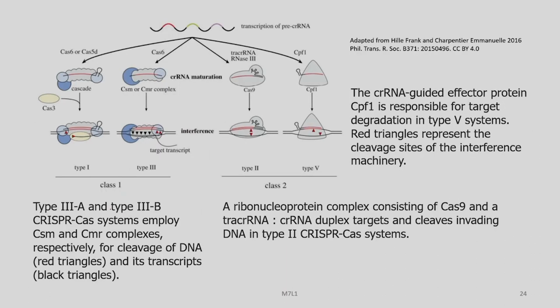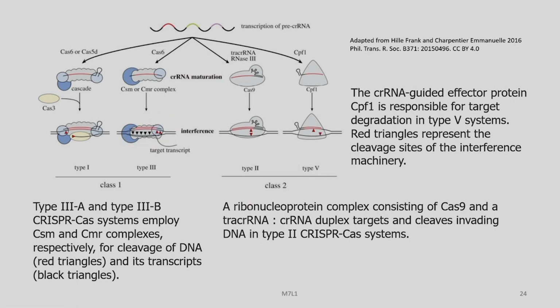So here, the type 3A and type 3B CRISPR-Cas systems employ Csm and Cmr complexes respectively for cleavage of DNA and its transcripts, shown by the black and red triangles.